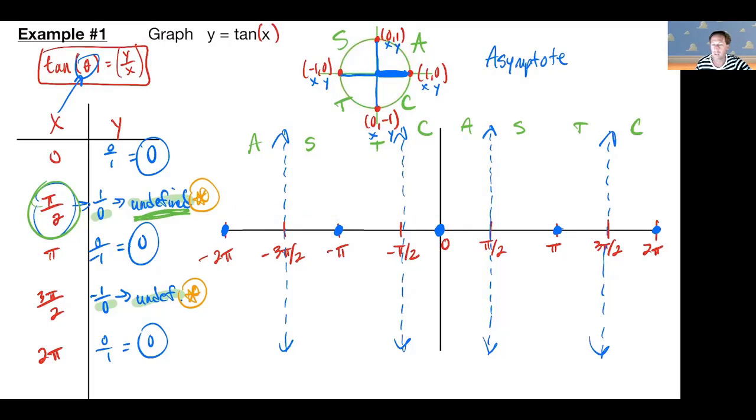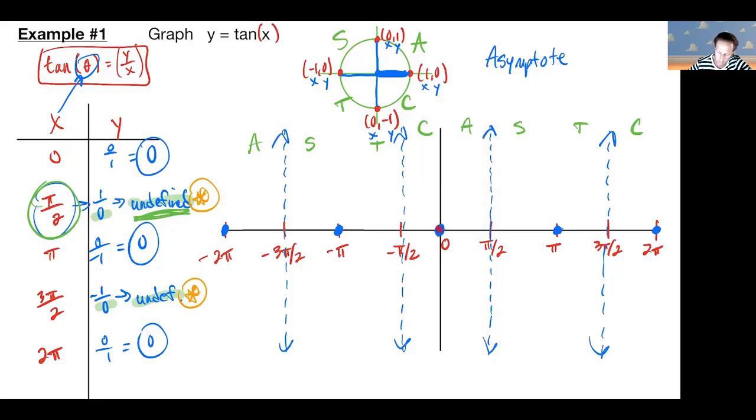So I already know which things are going to be positive and which things are going to be negative. Everything's positive in quadrant 1 between 0 and pi over 2. So that means I'm going to be above this x-axis for all the things that are positive, because everything below it is negative.